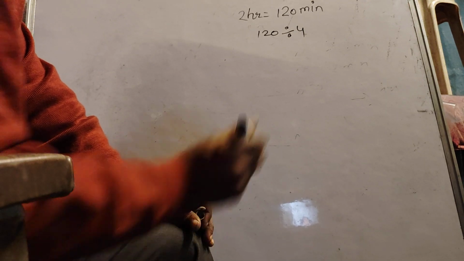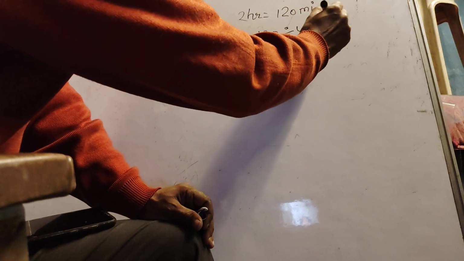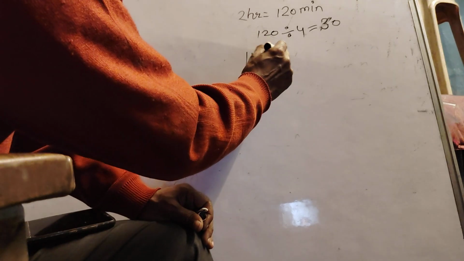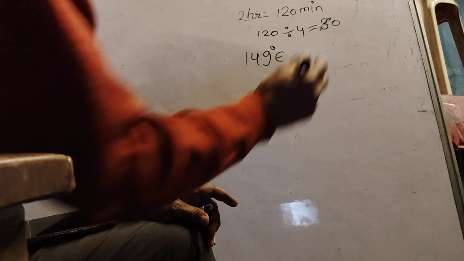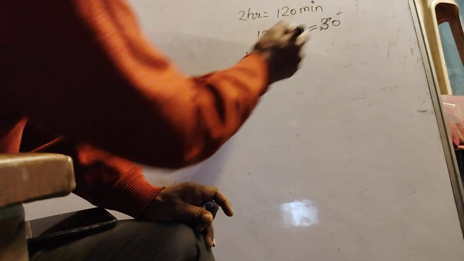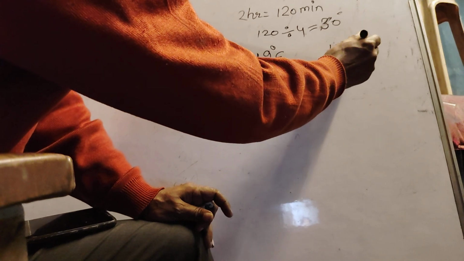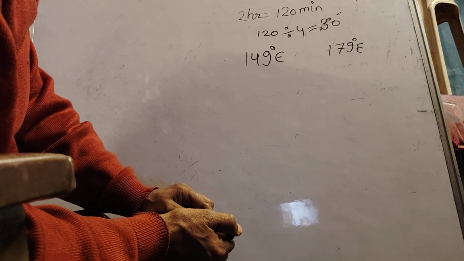Is 30. So if Canberra is 149 degrees east, then what is the position of the New Zealand timeline? So we add the 30 degree difference here, so it becomes 179 degrees.